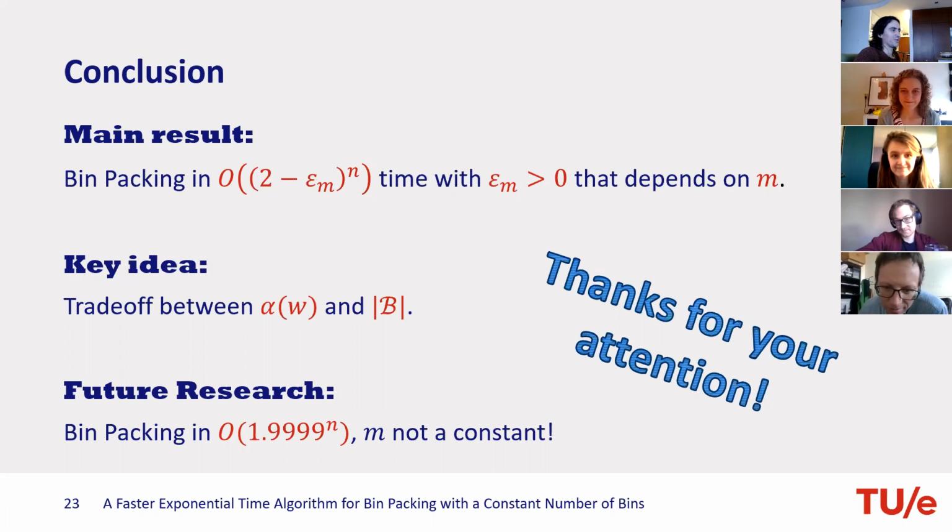Good. Any more questions? I have a question. I'm interested, what are the values of this 2 minus epsilon for small values of m? Like m equal 2, 3, 4, 5. Is it anything significantly below 2 for small values of m? So we didn't optimize our analysis for it because at first we tried, but then we just made it harder.